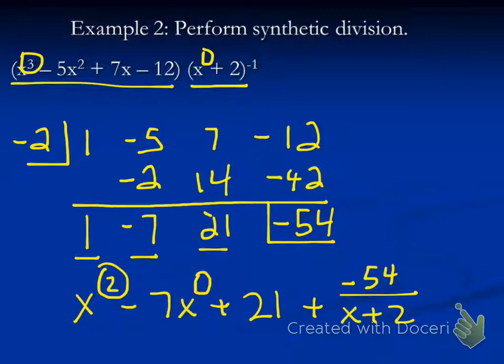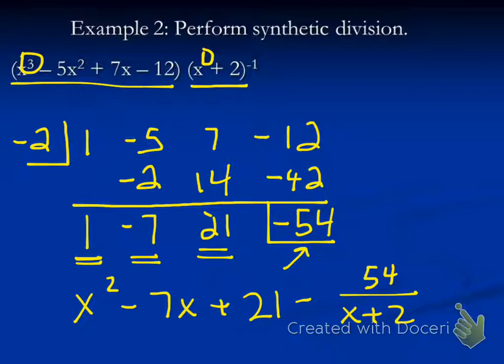All right, so these are the coefficients. So it's going to be 1x squared minus 7x plus 21, x to the 0, which is just a constant. And then the remainder is there. Now, you could write plus -54 over x plus 2, or you could write that as minus.